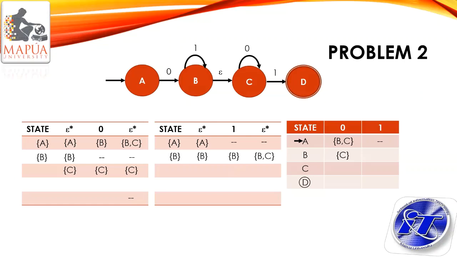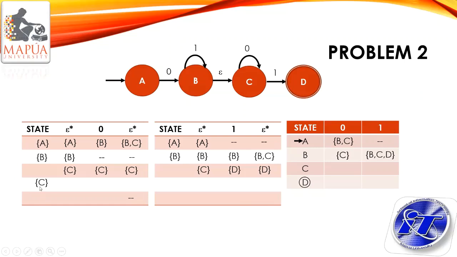And for C, if it's 1, it will go to D. So if it's 1, it will go to D. Now let's proceed with C. By the way, this is BCD, since BC union with D is BCD.